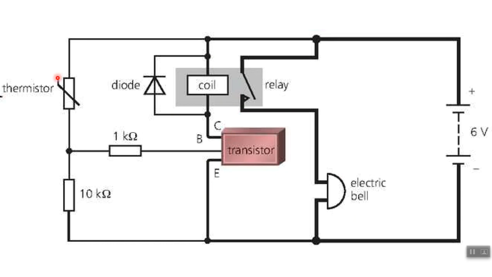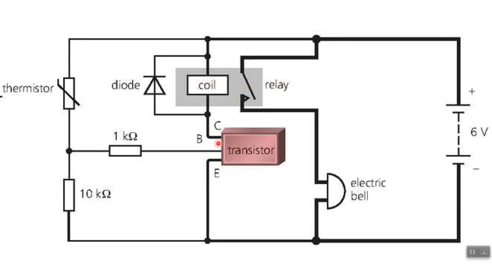So as the thermistor heats up or feels that it's heating up, it switches on the transistor. The transistor powers the coil of the relay, which becomes magnetic, attracting that switch.